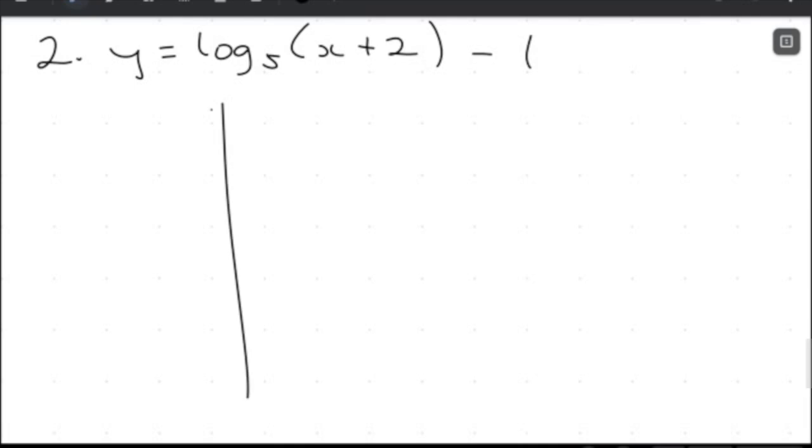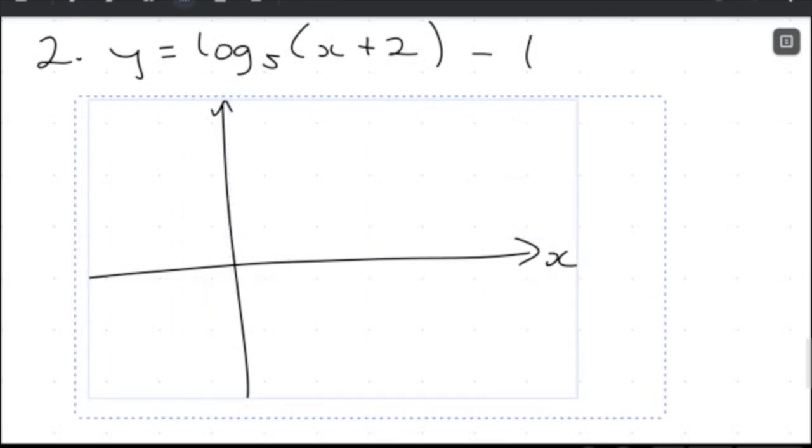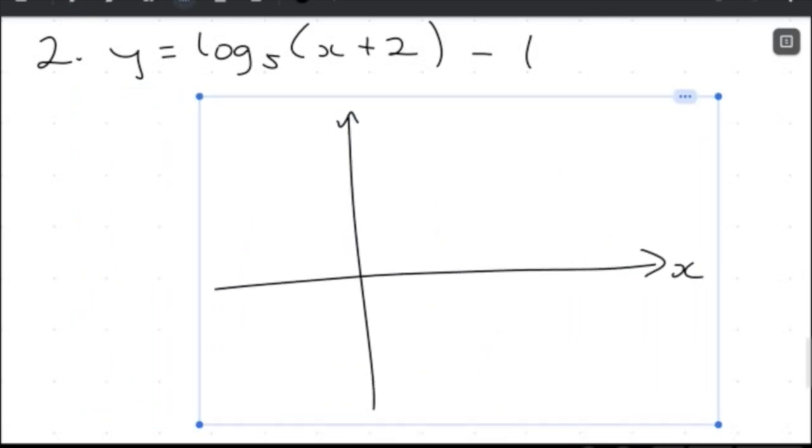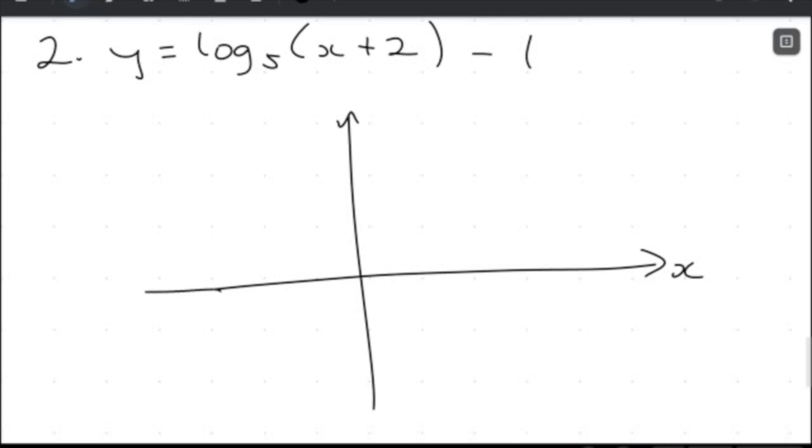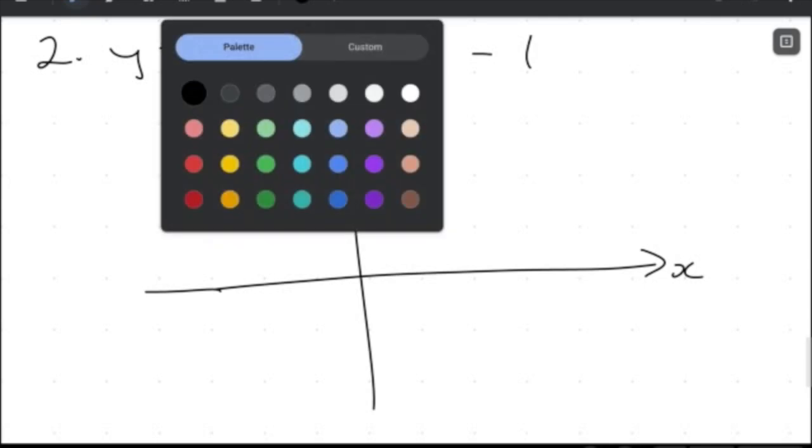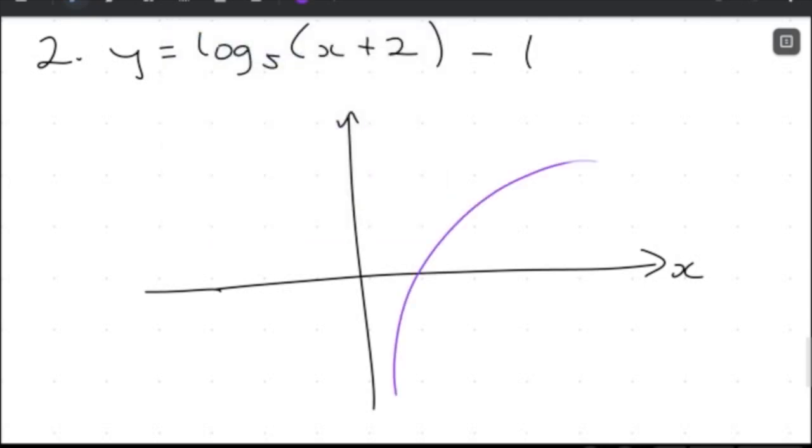So we have this thing over here. Actually, let's shift this across. Okay, now we're going to start with our regular one. Let's do it in purple again. So this is my regular log graph, y equals log to the base 5 of x.